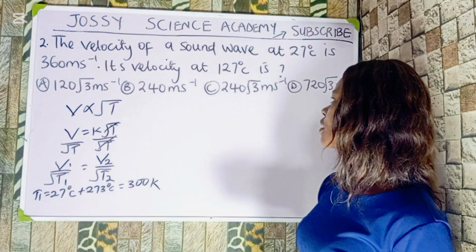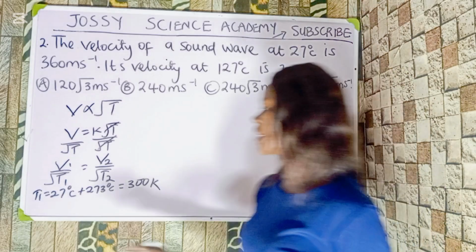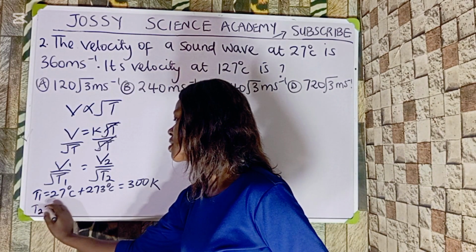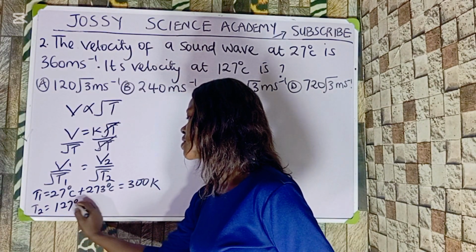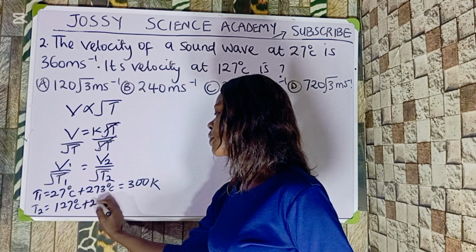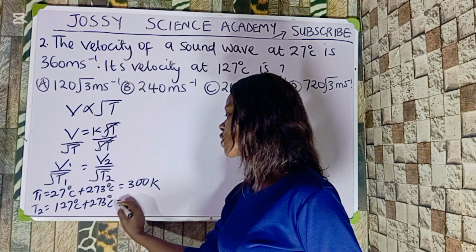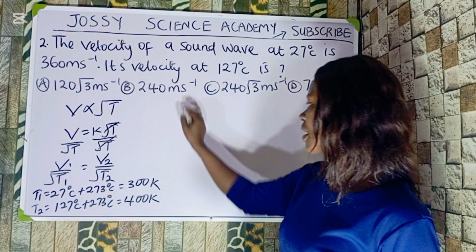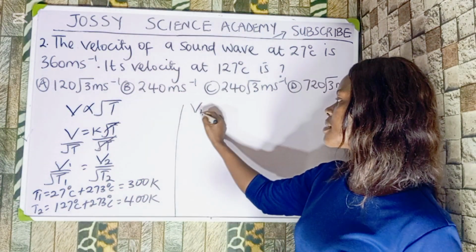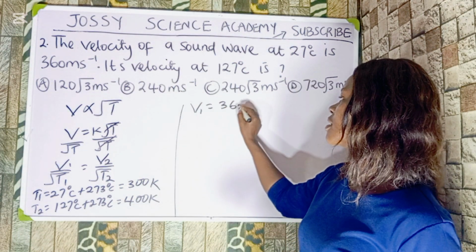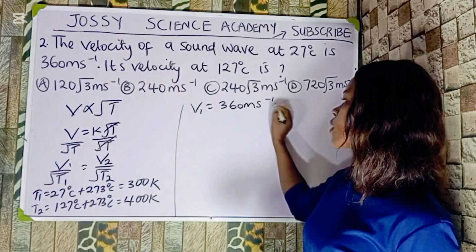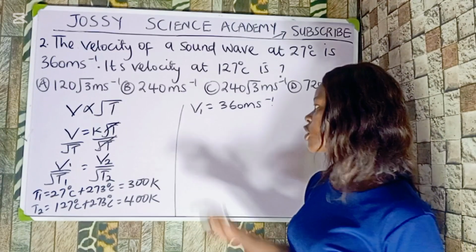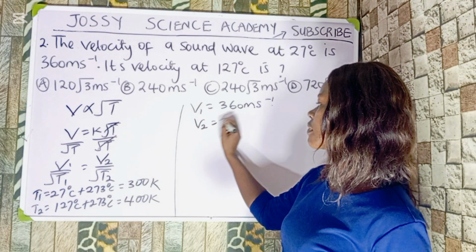Then the second temperature, T2, is given as 127 degrees Celsius plus 273, which is going to give me 400 Kelvin. Now my first velocity is given as 360 meters per second. I'm looking for the second one.